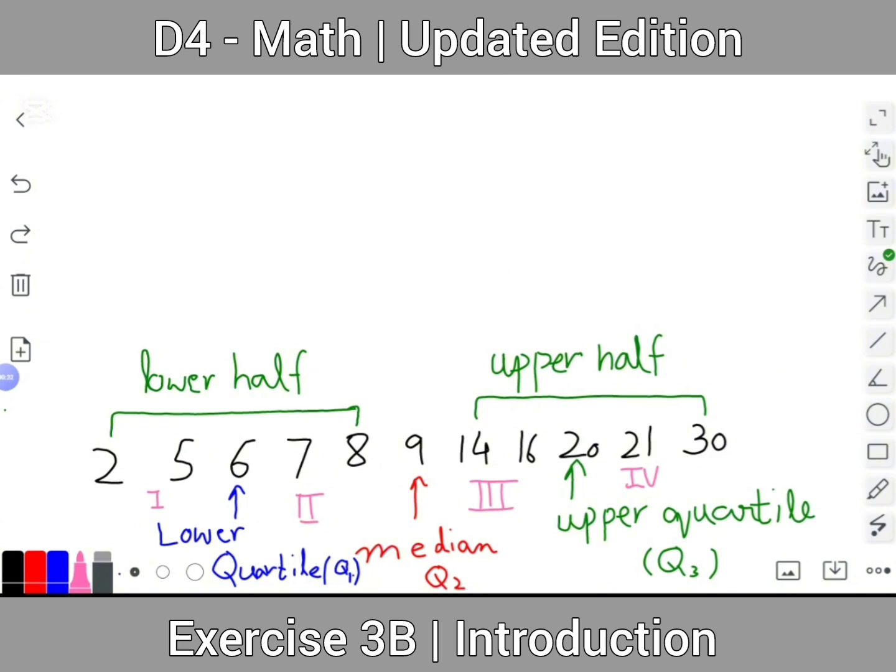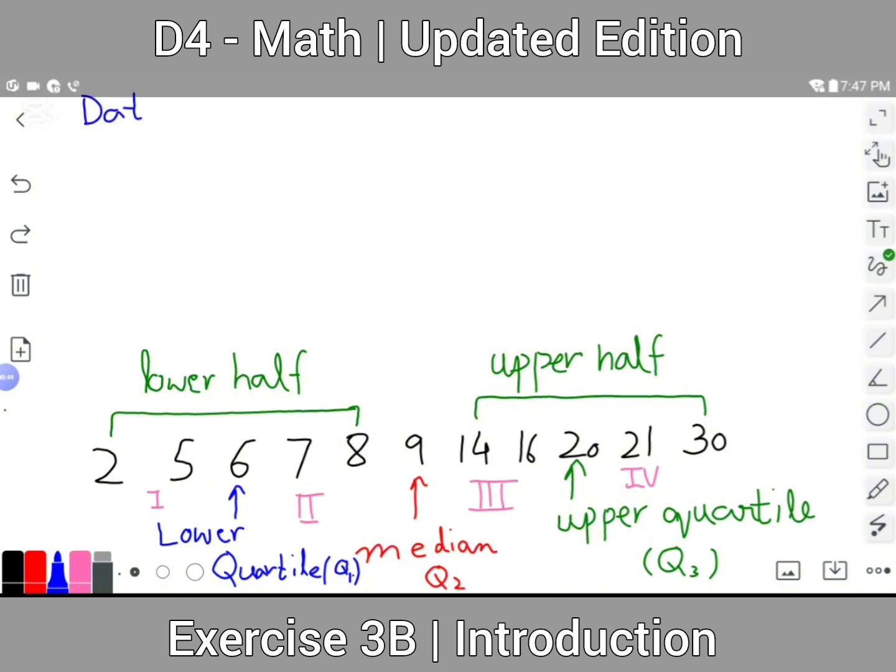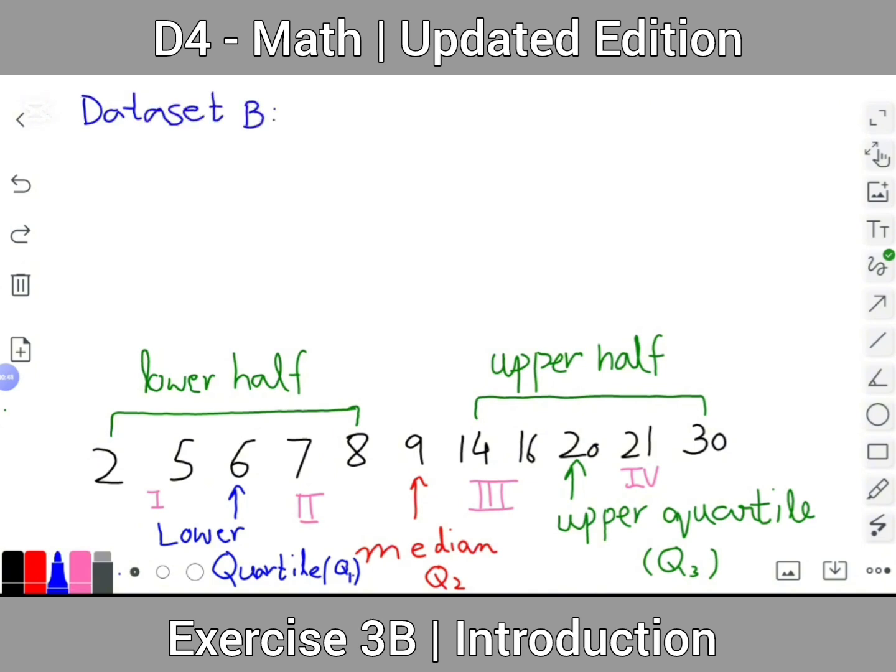Now consider another set of discrete data arranged in ascending order. So here we have our dataset B having the values 2, 5, 7, 7, 8, 9, 10, 10, 11, 21, and 30.